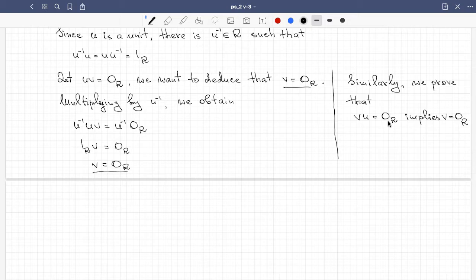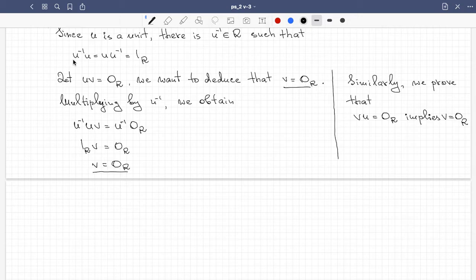In contrast, a unit has an inverse which is both left and right inverse. So take care, look carefully at the definitions in the book. A zero divisor may be a zero divisor only from the right or only from the left. A unit is a unit from both left and right with the same inverse.